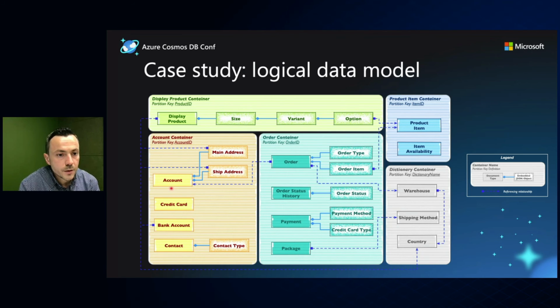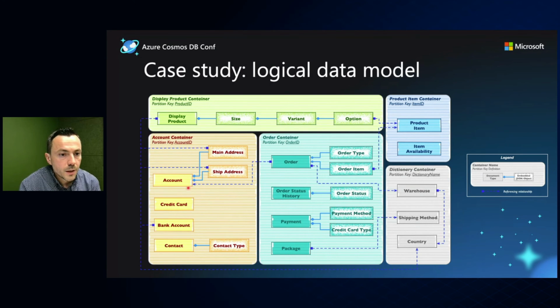Inside each container, you can see a list of different document types, like account, credit card, bank account, and contact. All of them are just different JSON documents which share the same partition key. I use this particular notation to show that these parts of the entities are embedded JSON documents.